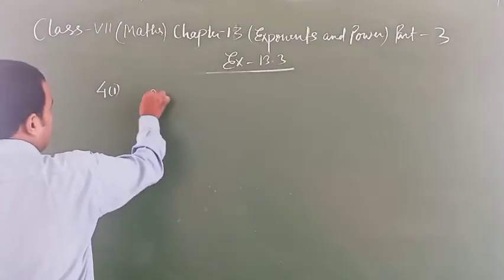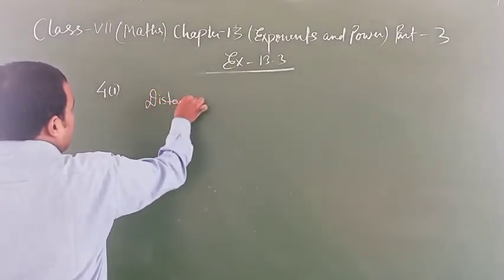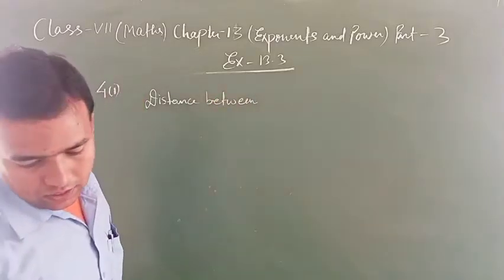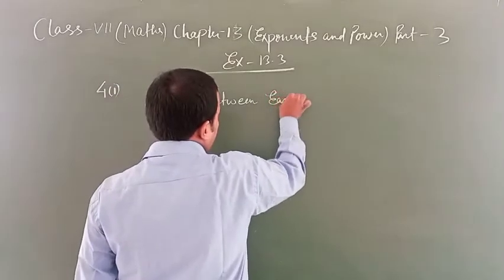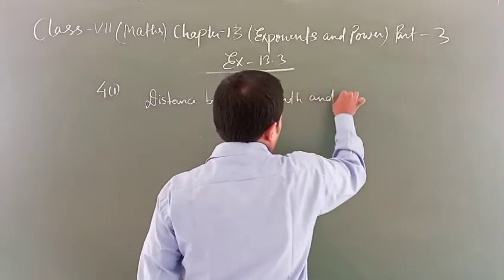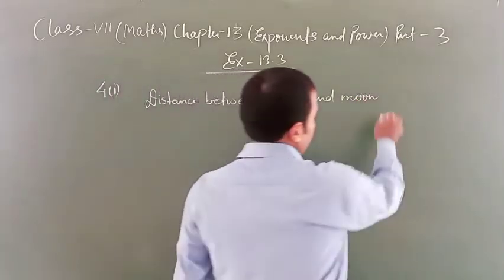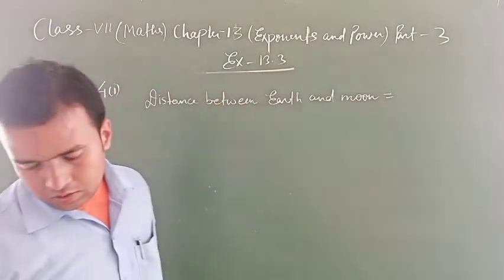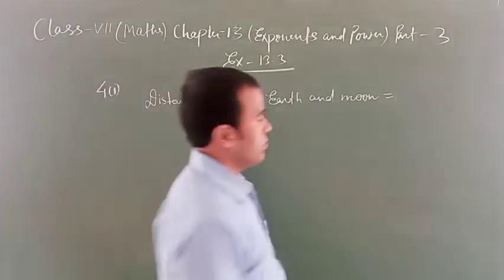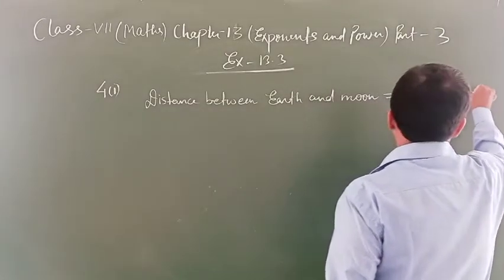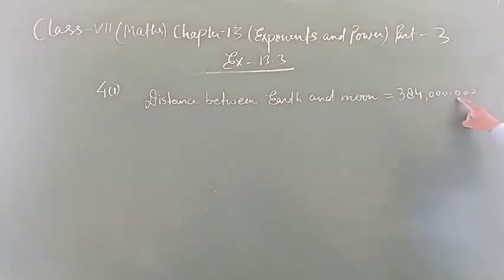Distance between Earth and Moon equal to 384,000,000 meters, that is 1, 10, 100, 1000, 10,000, lakh, 10 lakh, crore, 38 crore 40 lakh.